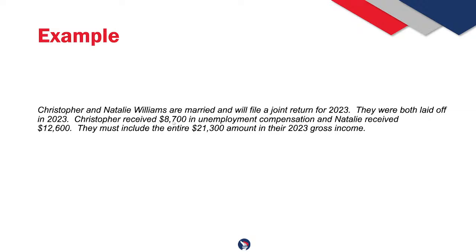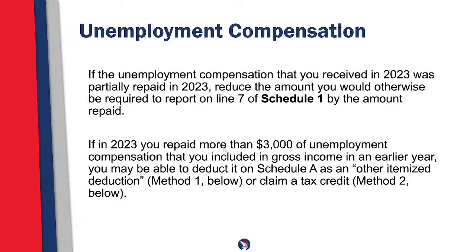Christopher received $8,700 in unemployment compensation. Natalie received $12,006. They must include the entire $21,300 in their gross income for the year. I hope that they had money withheld, or they're potentially not going to be very happy.